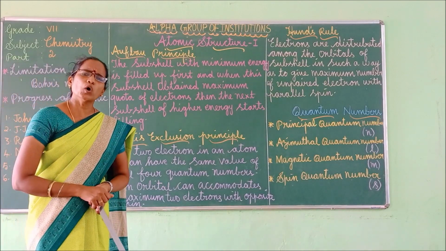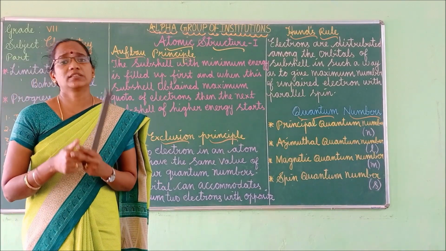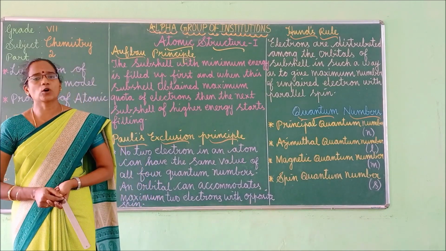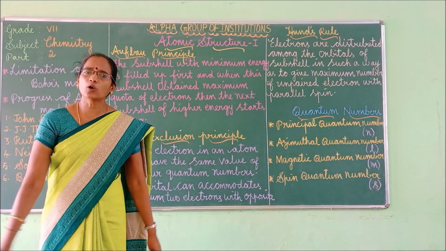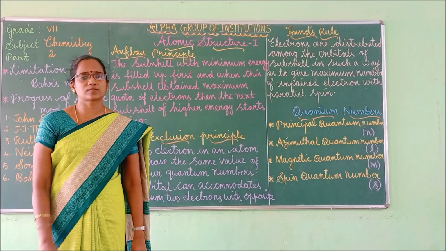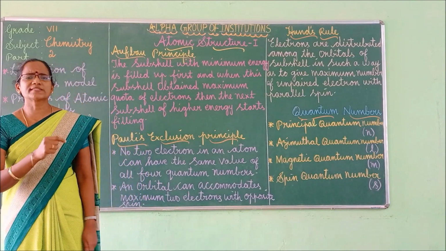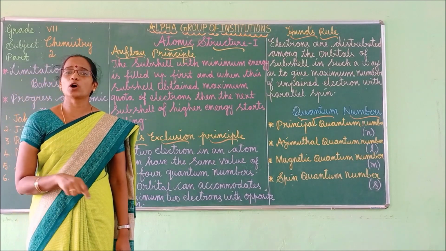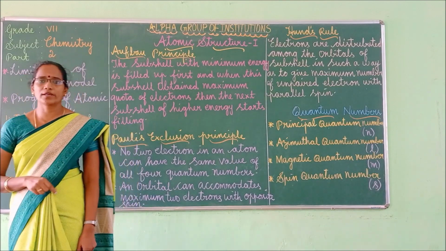Next, Bohr interrelates the classical law of physics and the quantum theory of radiation without any theoretical explanation. This was one of the biggest drawbacks of Bohr's atomic model.